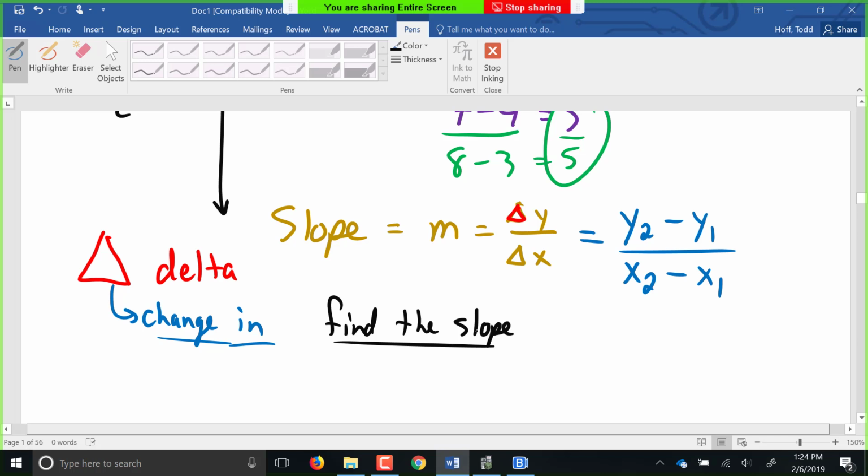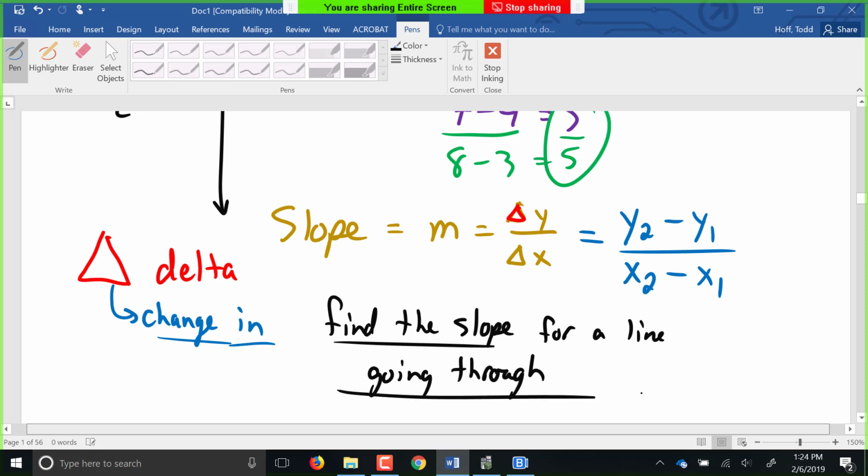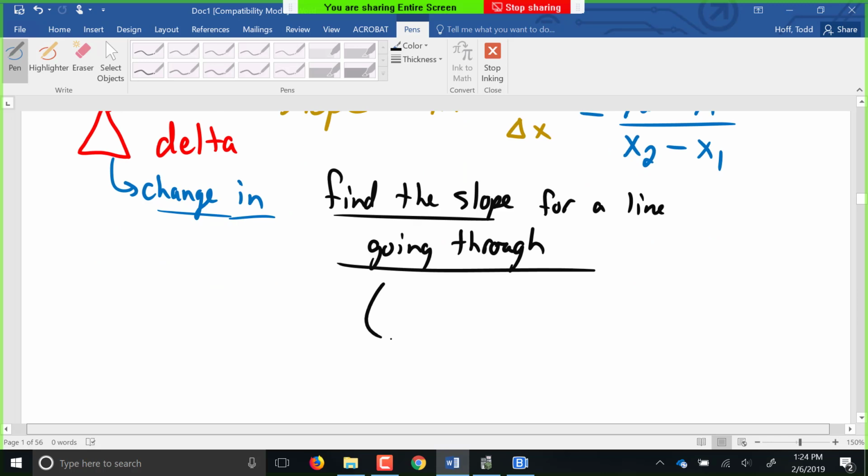So to find the slope for a line going through (-3, 5) and (6, -7).